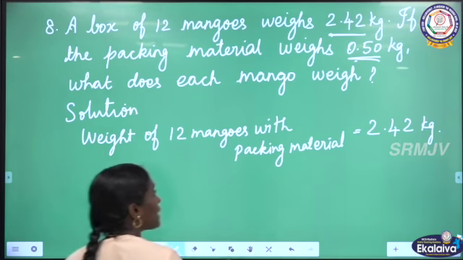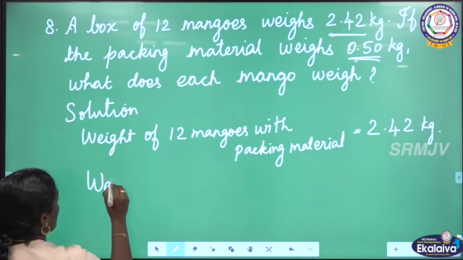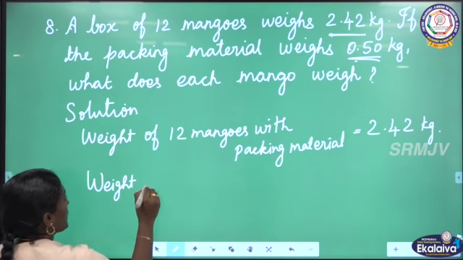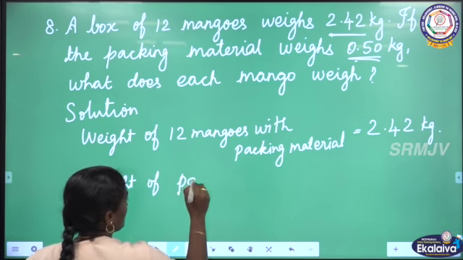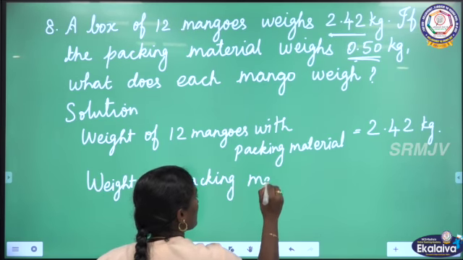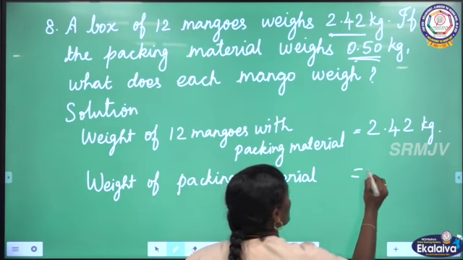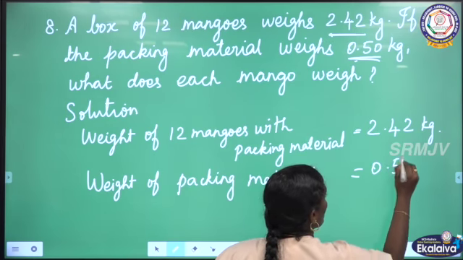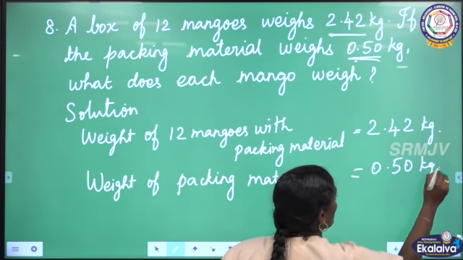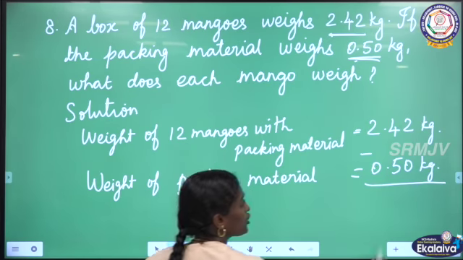Here weight of the packing material alone is equal to 0.50 kilogram. To find the weight of 12 mangoes alone, we are going to subtract these two.